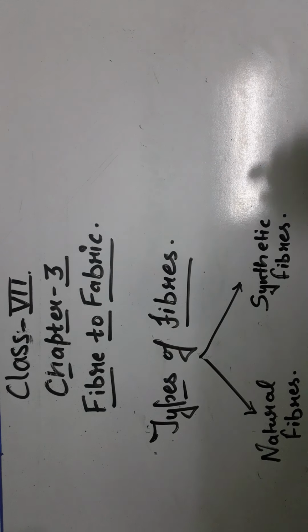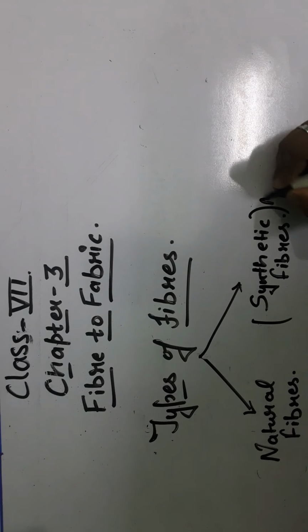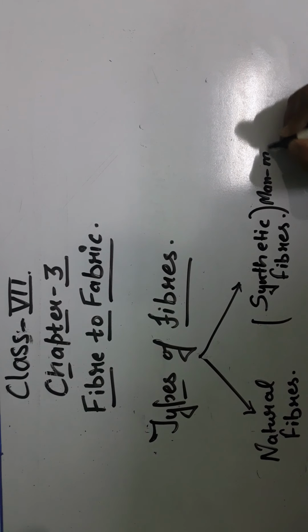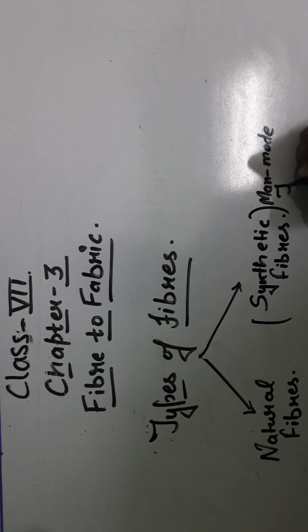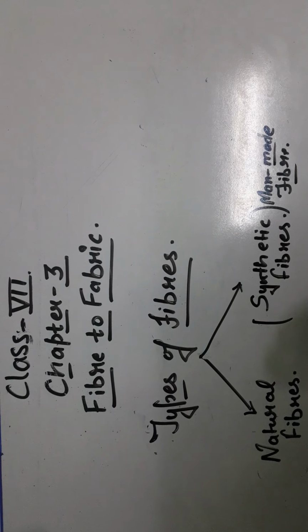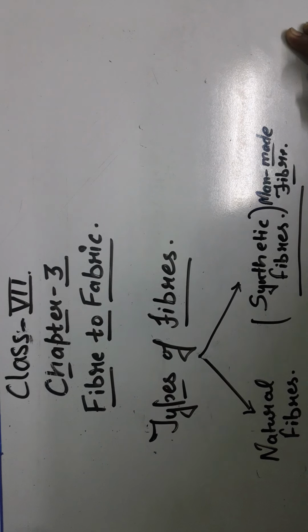Synthetic fiber is also called man-made fiber. In class 7th we will learn about natural fibers, and in the next class we will learn about synthetic fibers, but I will be giving you a short introduction of both of them.